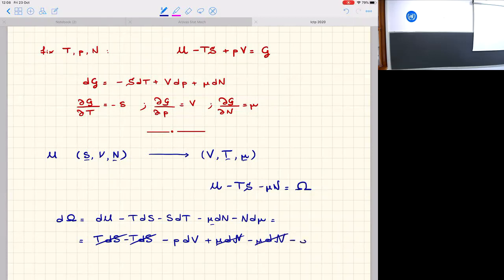And then you will have minus SdT minus n d mu. And therefore I get what I wrote down before: minus SdT, minus PdV, minus n d mu. Okay? So you see, I traded S, V, and N for V, T, and mu.